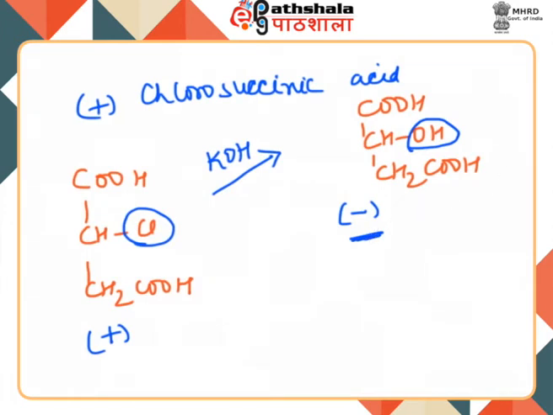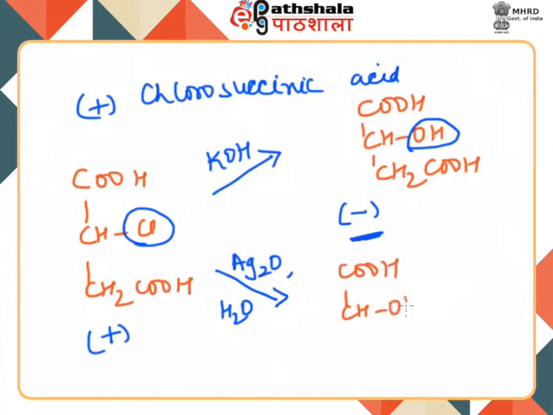On the other hand, we can carry out this reaction by retention in configuration, and that is done with the help of aqueous silver oxide or silver hydroxide alternatively. And what happens is we will be getting the malic acid, but this time there is a retention in the configuration, that is from (+) we are getting (+) only.